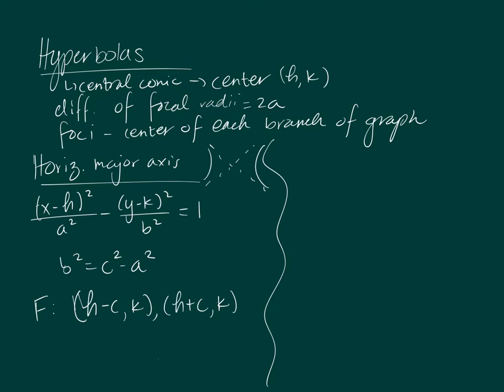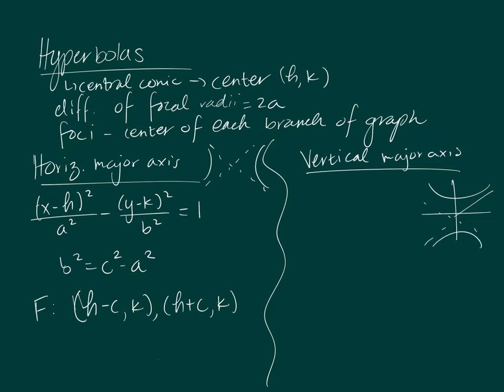Okay, for a vertical major axis, your graph looks like so. Okay, and your equation's given as (y minus k) squared over a squared minus (x minus h) squared over b squared equals 1.